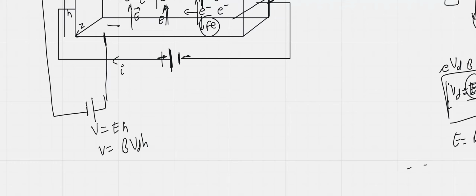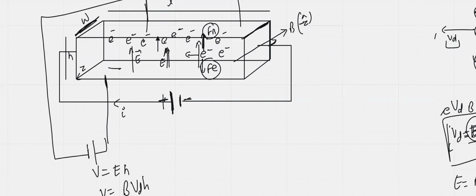Now, in general, what is drift velocity? Drift velocity is the velocity with which the electrons drift towards the other end of the conductor. You know the current flowing inside. What is the formula for the current? The current is I = nAevd.